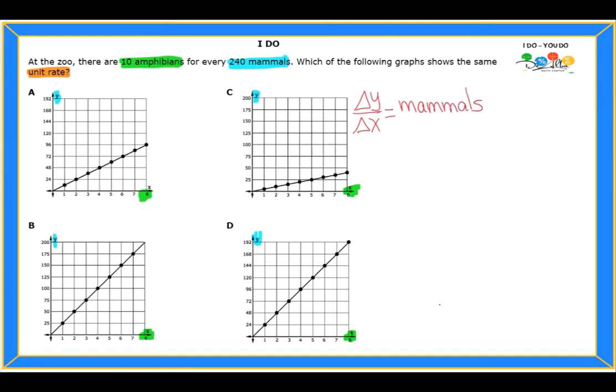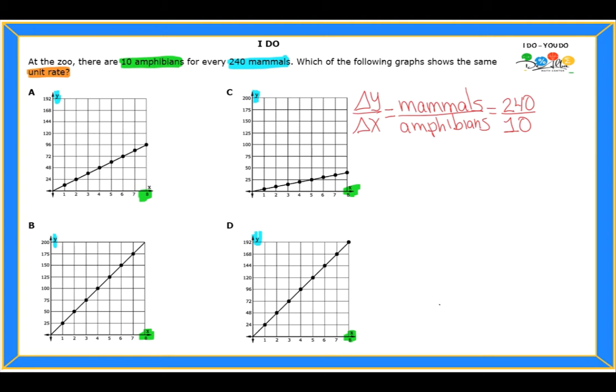Remember that I believe that writing your comparison is very important. And then here it's going to be the amphibians. So now I can write some numbers here. Mammal says that it's 240, so it goes on the numerator. And amphibians is going to be 10.